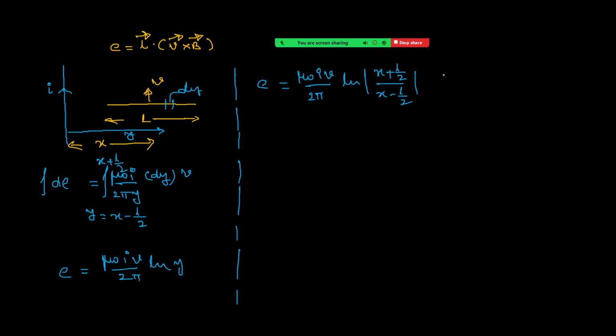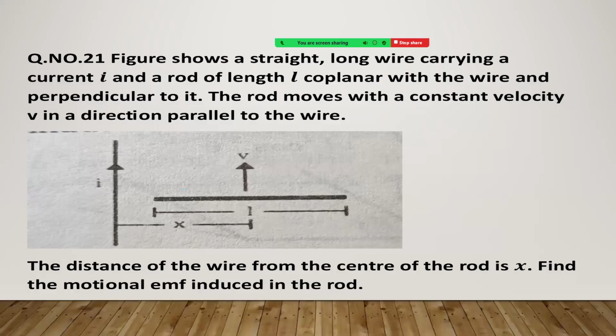Log A minus log B is equal to log A by B, so if you simplify this, mu naught I v upon 2 pi ln of 2x plus L upon 2x minus L. That is just taking elements. Then we have to take proper limits and integrate. Let us see the next one.